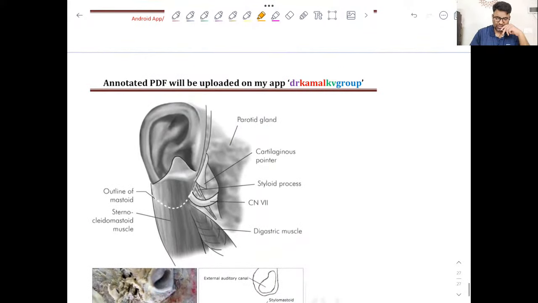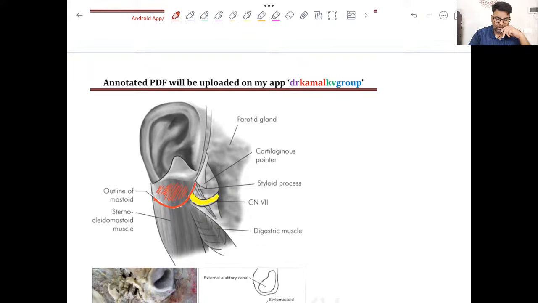Now let us see in the image which areas help us to identify the facial nerve. Firstly we will mark out the facial nerve in this image. So this is the facial nerve, okay? Behind the facial nerve, this is all the mastoid process, right?